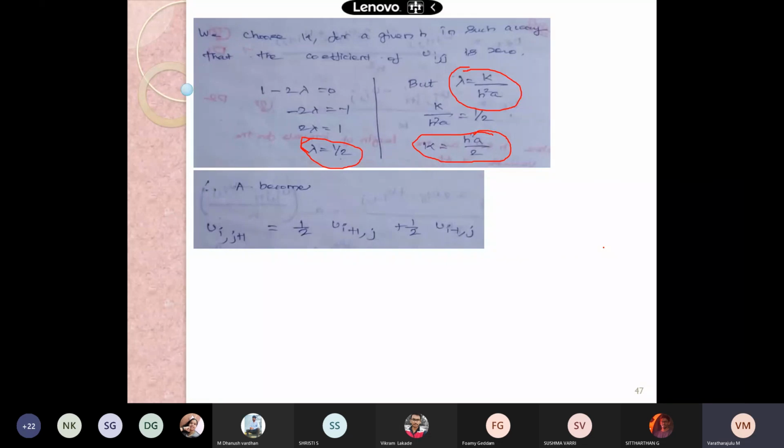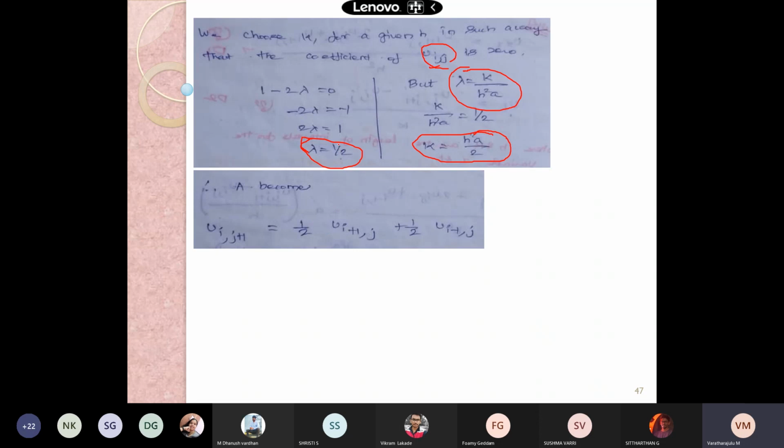Therefore, we have u i,j is equal to 0 when the coefficient of this u i,j is equal to 0. We are assuming at that time we don't have any intermittent term, right? Even the lambda value becomes 1 by 2.